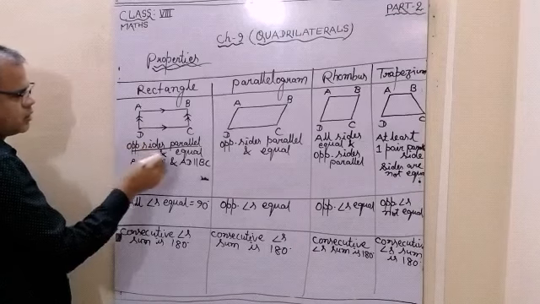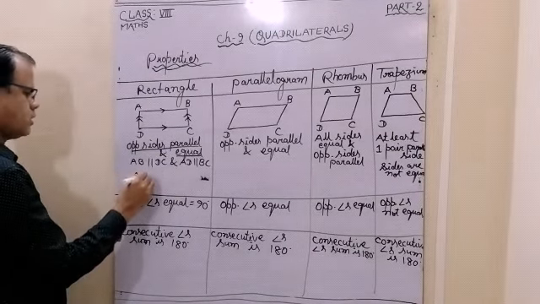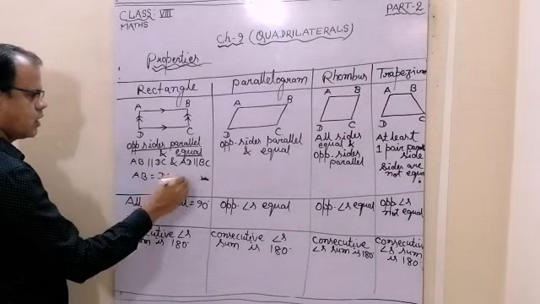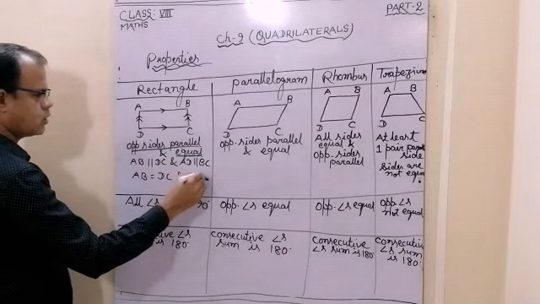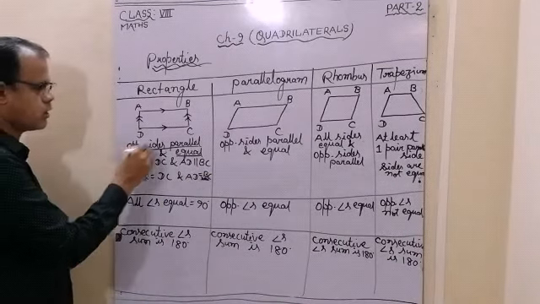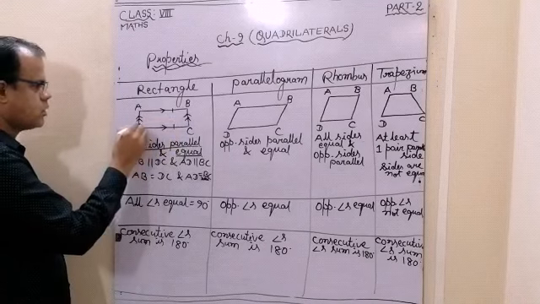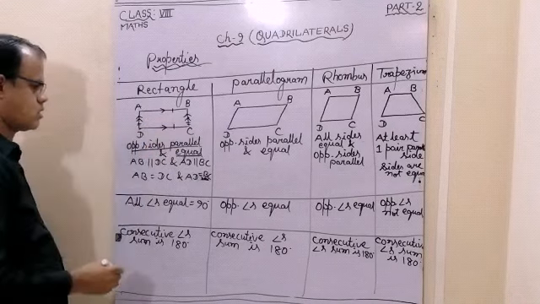Okay, and here you see equal also, it means that AB equal to DC and AD equal to BC. Okay, this is the first property, opposite sides equal and parallel. Clear? Means this equal to this and this equal to this.